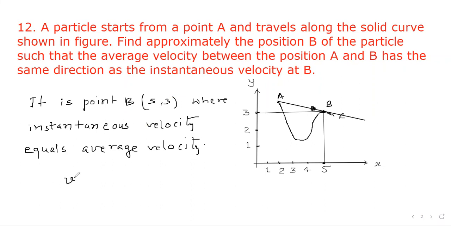If we write average velocity, it will be vector AB upon T, which is in the same direction as the instantaneous velocity at point P.